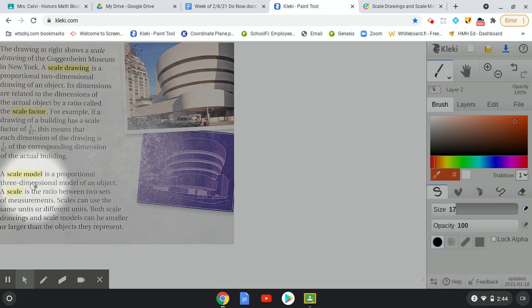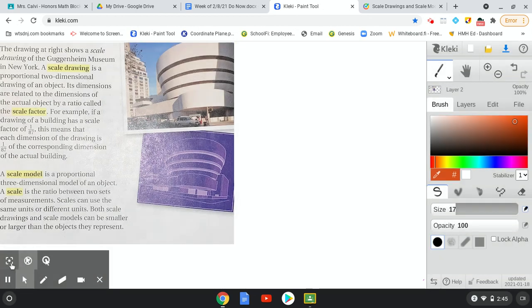All right. We also have a scale model, and a scale model is a proportional three-dimensional model of an object. So a scale drawing is two-dimensional, and a scale model is three-dimensional. And they tell us a scale is the ratio between two sets of measurements. We're going to go over examples that explain these, but you should be copying this into the notes section of your notebook so you understand the difference between these.